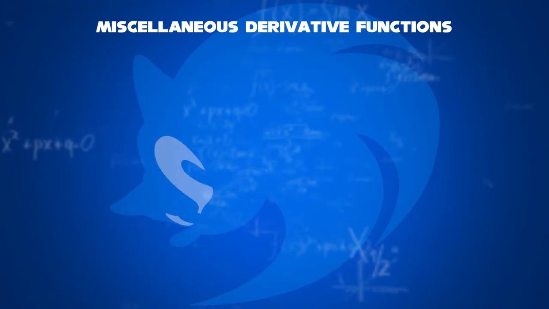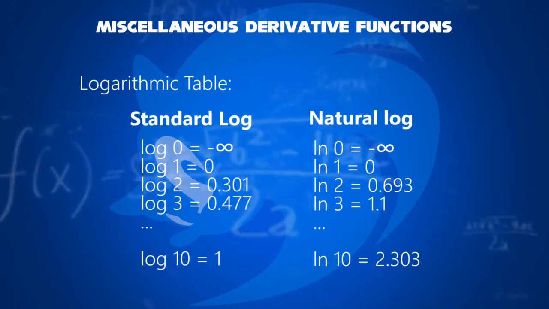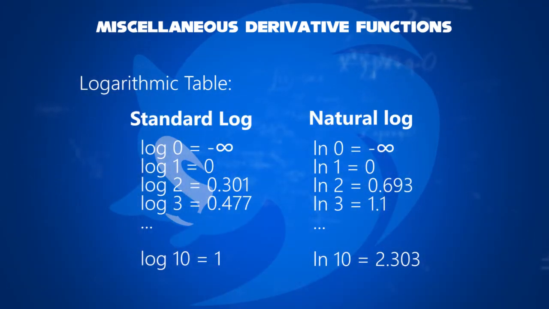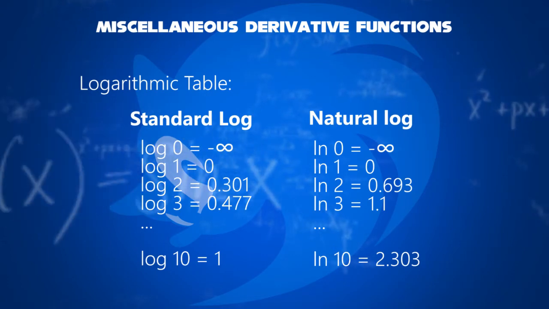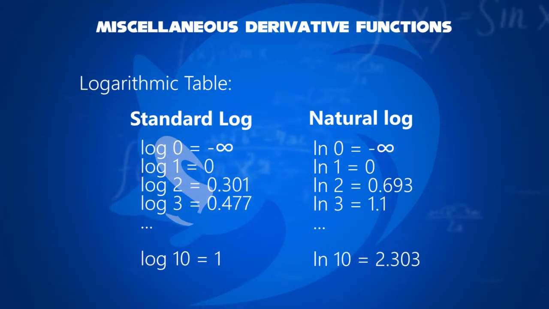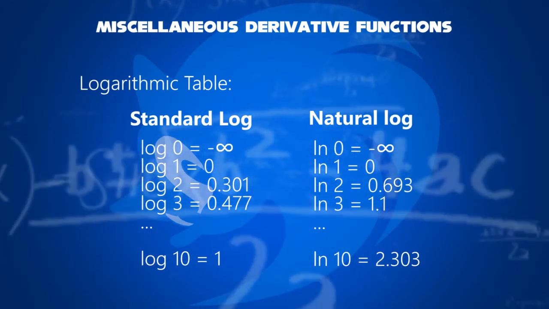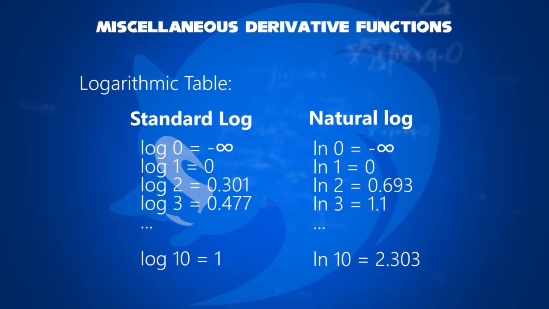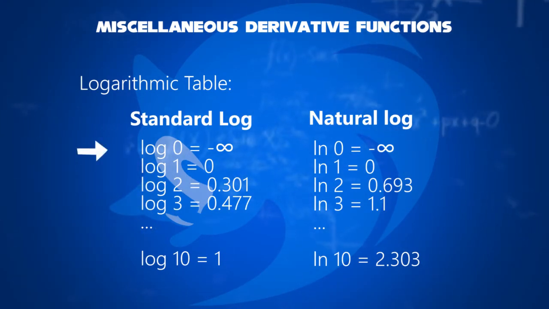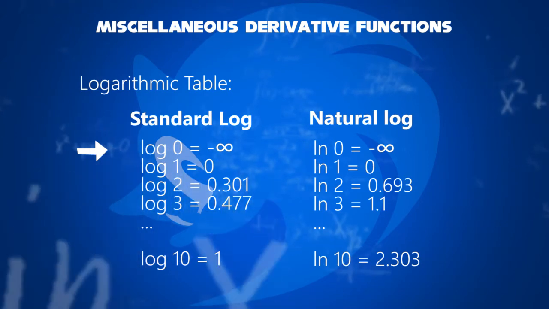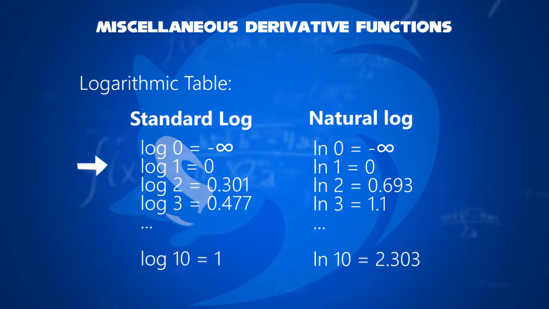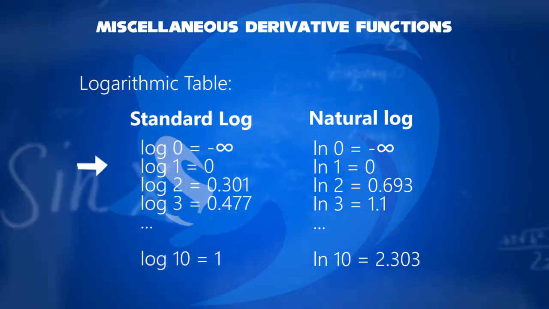If you would like to know about the natural log tables, you can find that natural log of 2 is equal to 0.693. Let's compare and contrast standard log and natural log for some values of x. If you put x equals 0, then both log functions are negative infinity. If x is 1, then both log functions are 0.